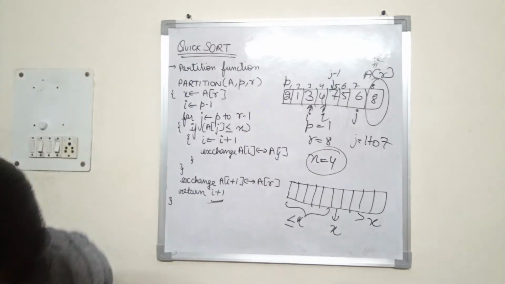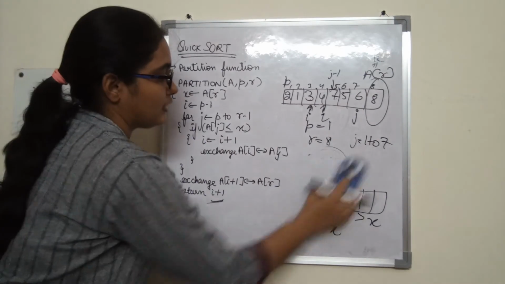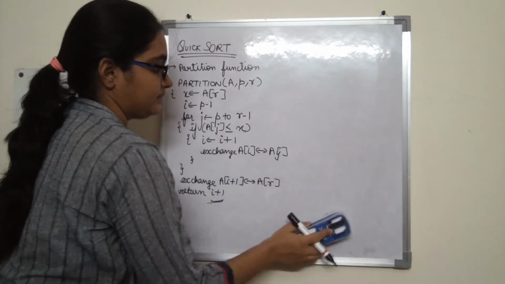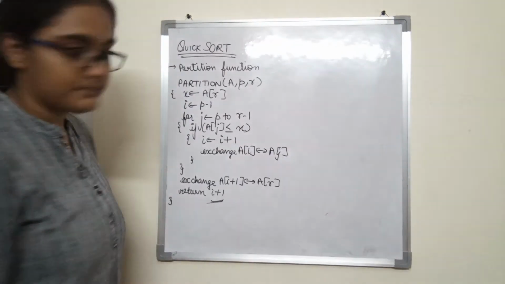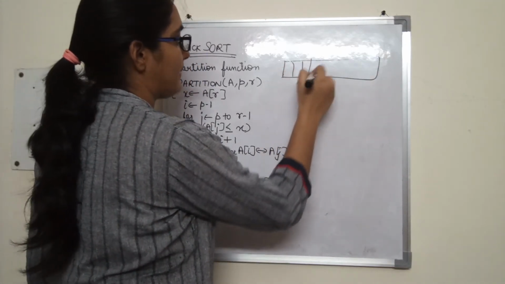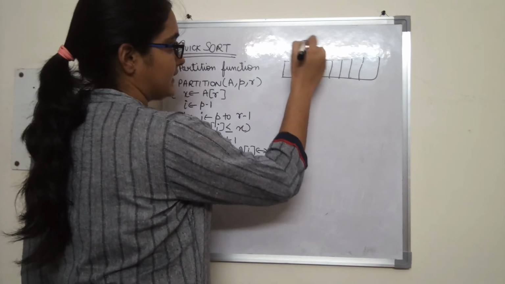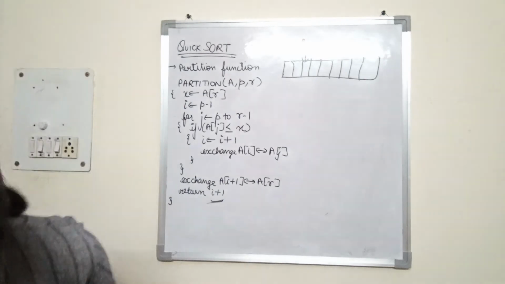So what happens when it discovers an element? Let me rub this. I hope you understood this. Or I shouldn't have rubbed this, right? So let us say at any point of the loop, this is i, is it visible?